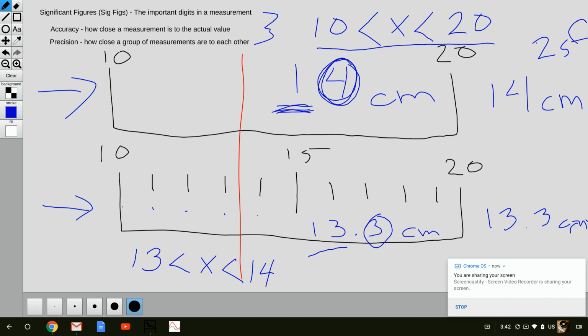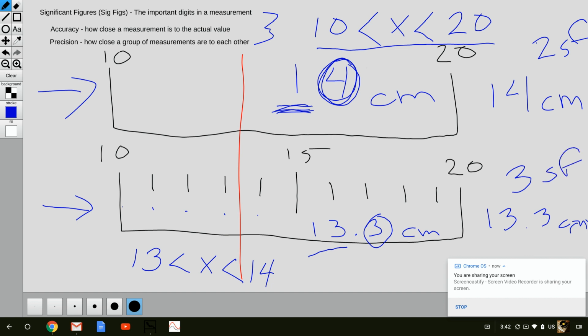Now, what does that have to do with significant figures, accuracy, and precision? The top measuring device gave us 2 significant figures, and the bottom measuring device gave us 3 significant figures.